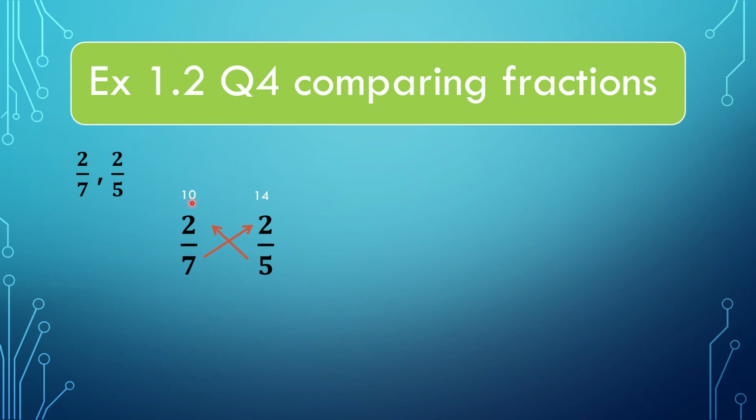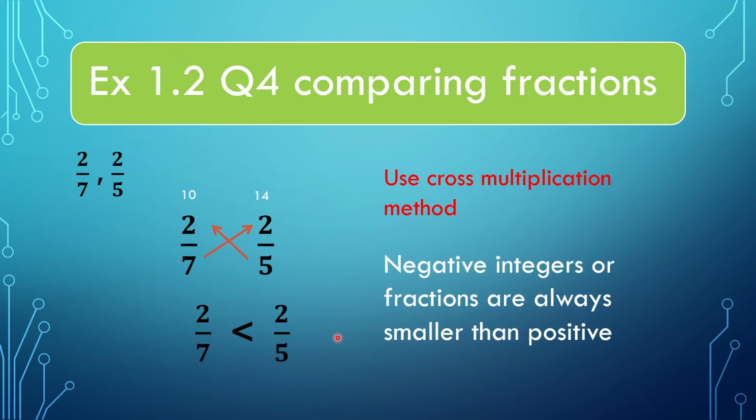As we have 10 over here, this fraction is smaller than this fraction, as it has a greater value compared to 10. So it is the easiest method of comparing fractions. Just do the cross multiplication. Then we can put the sign accordingly, that 2 by 7 is less than 2 by 5.